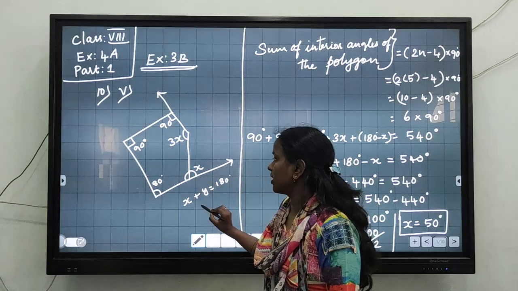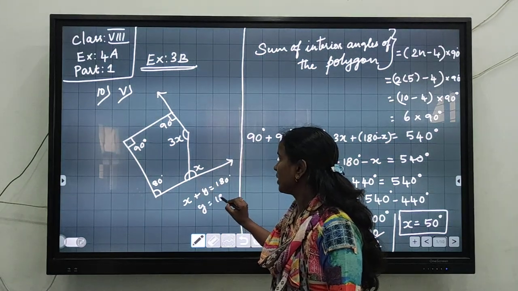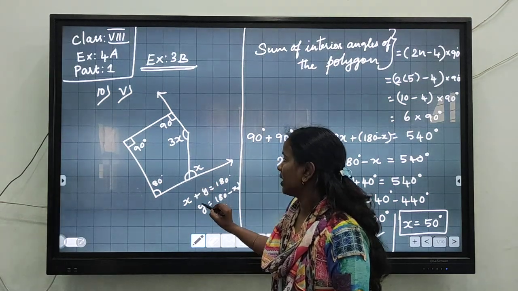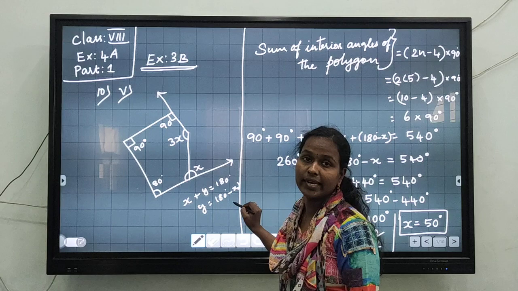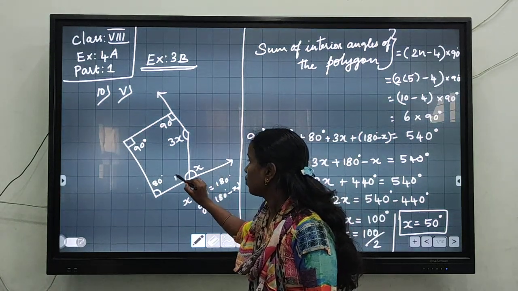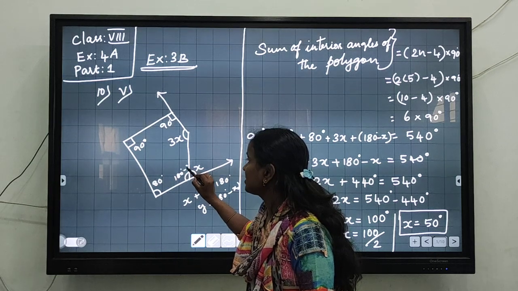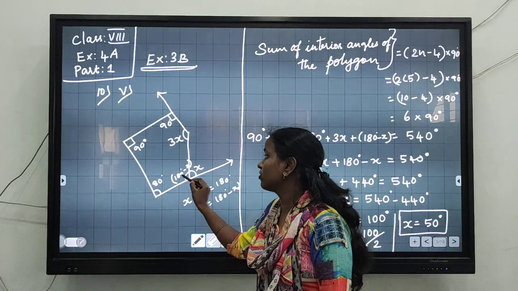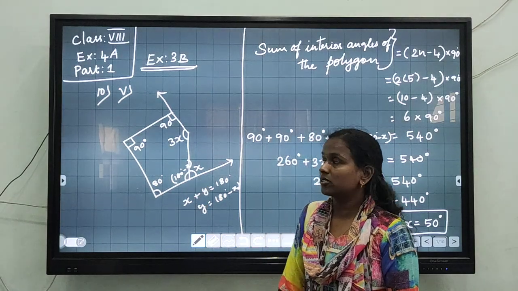I want only this angle, so y equals 180 degrees minus x. So this interior angle is equal to 180 degrees minus x.